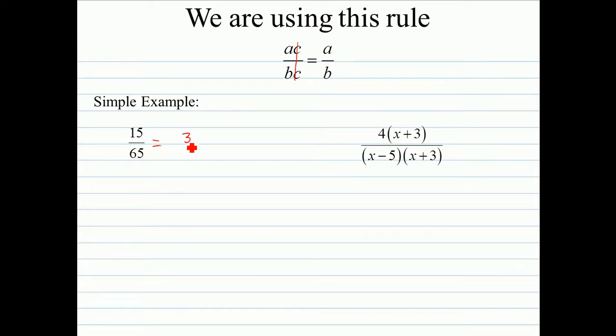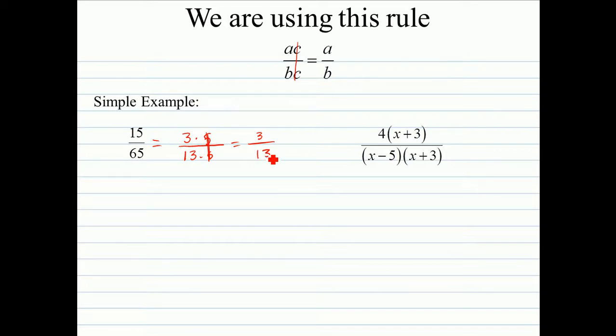This breaks apart into 3 times 5 in the top, and in the bottom, it breaks into 13 times 5. So with that, the 5's will cancel out, and you'll just be left with 3 over 13.